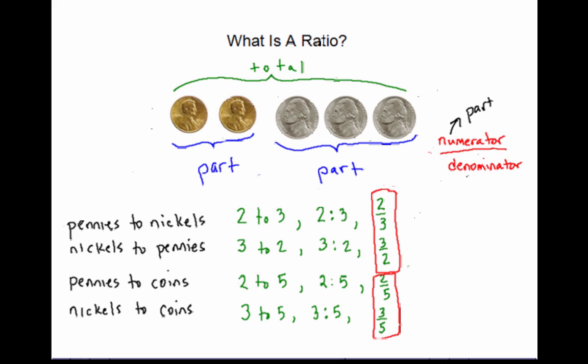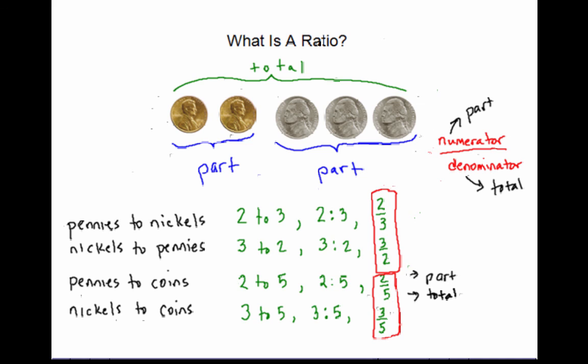The denominator represents the total. And our part-to-total ratios mean exactly that. The numerator is a part, and the denominator represents the total. So we can say that the pennies are 2/5 of the total number of coins. And we can say that the nickels are 3/5 of the total number of coins.